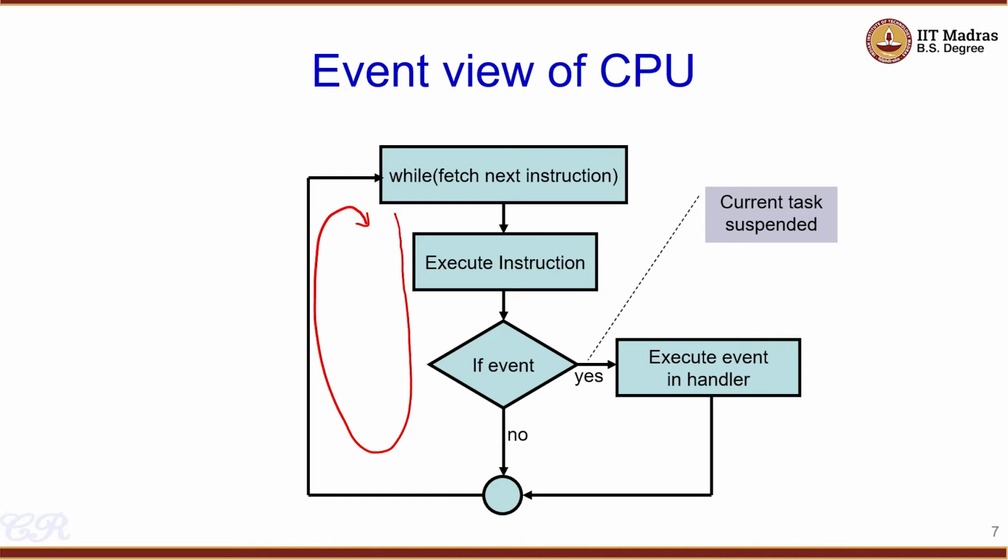But if an event occurs, it suspends whatever it was doing, executes the event handler, and then continues. This part is essentially what is done by the OS. Suspending the current task and moving from user mode to supervisor mode is done automatically by the CPU, that is, by the hardware.